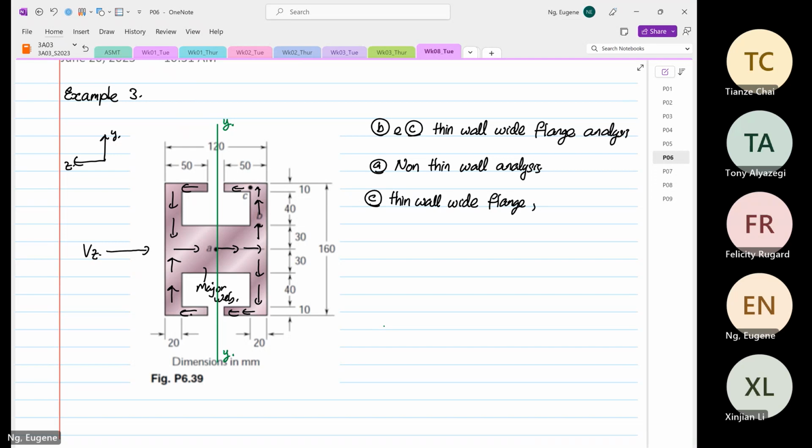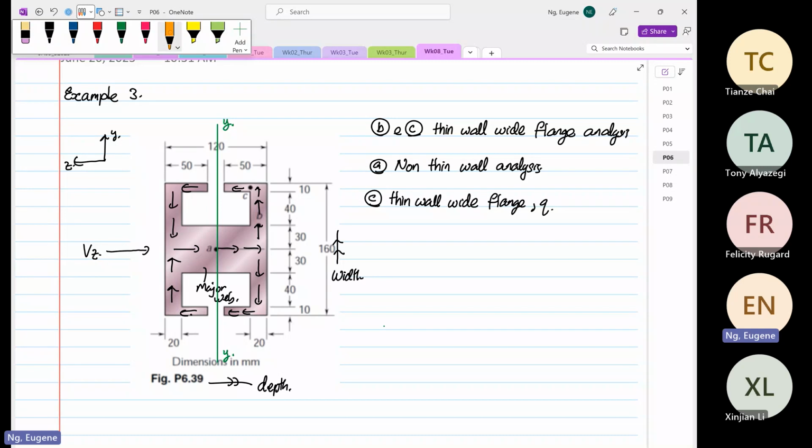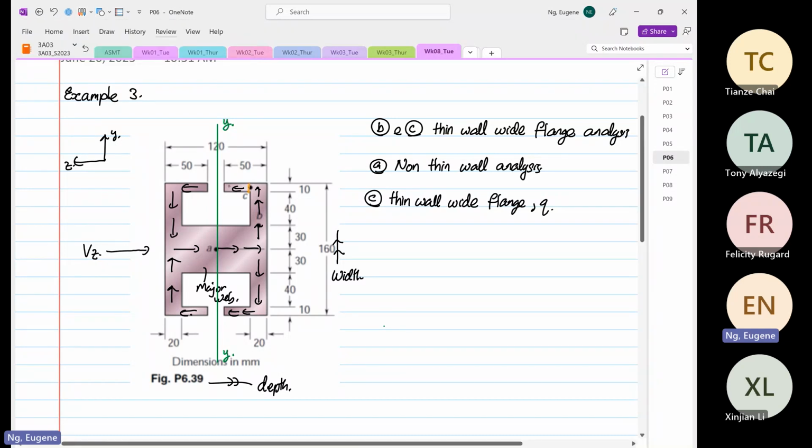Okay, and we're going to use Q. So we know that this distance, this is the width now, and perpendicular, now this is your what? It's your depth. That's why things get confusing, okay? So if we look at point C, we only consider this area, first moment of area for point C, okay?